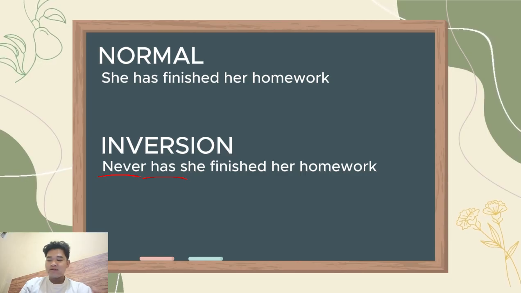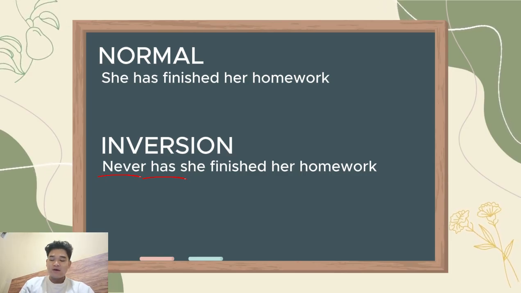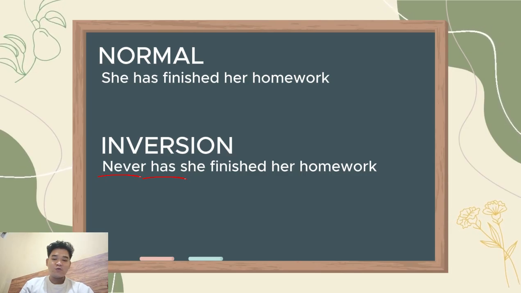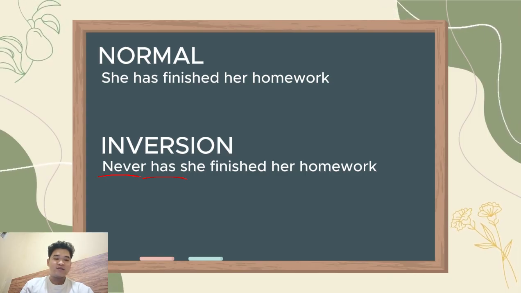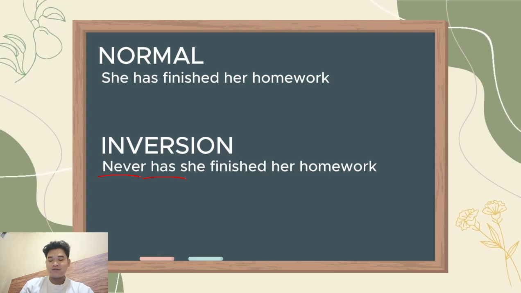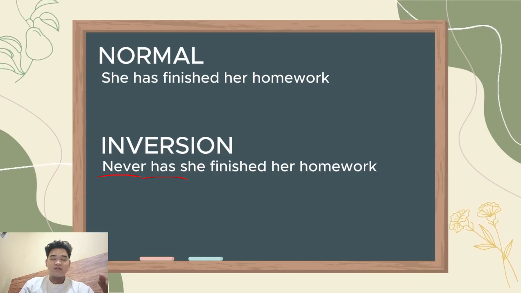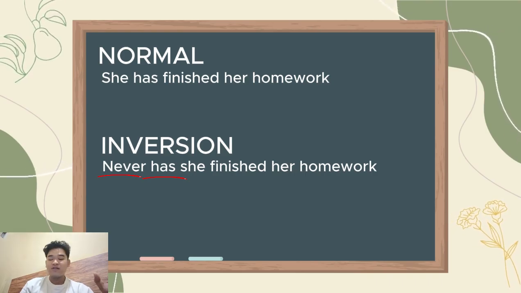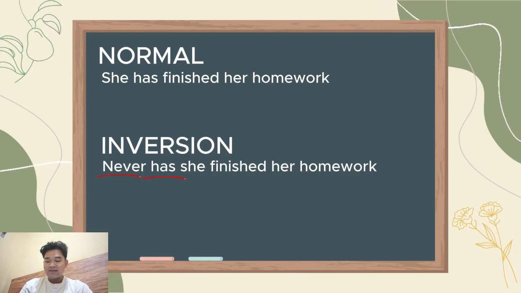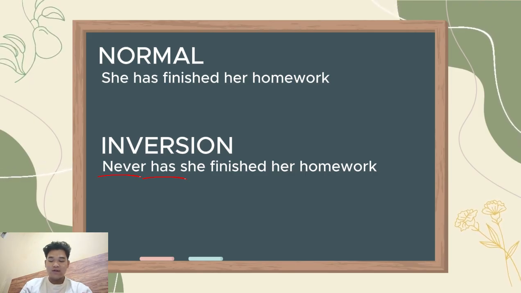So in the definition we say that an inverted sentence is a sentence where the normal order between the subject and the verb is reversed, like so. The verb here that has been reversed is the auxiliary verb. So like has, it's the auxiliary verb in this sentence.